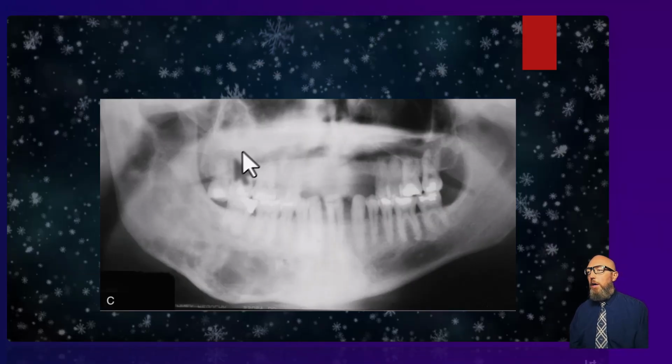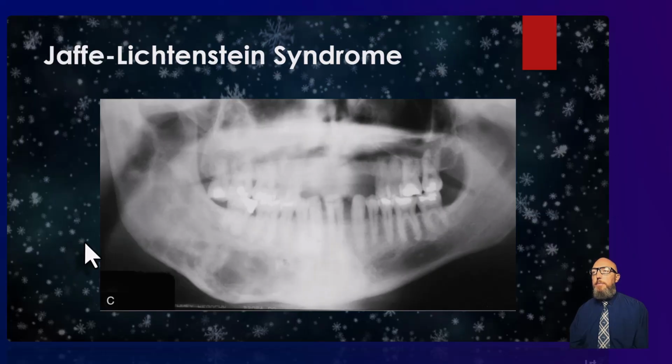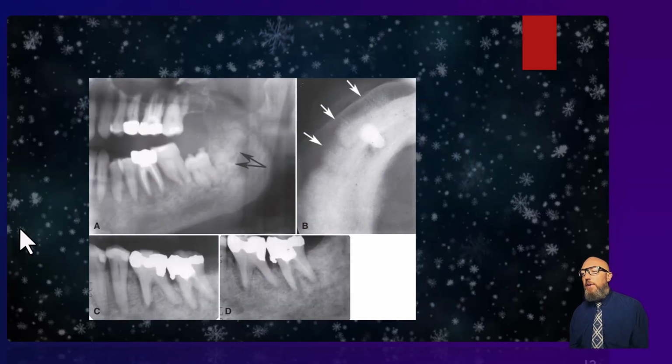And maybe even a little harder to recognize in the sinus, but that same thing is going on. And so this is another polyostotic fibrous dysplasia. This was the counterpart to McCune-Albright. This is Jaffe-Lichtenstein syndrome. So both syndromes that cause polyostotic fibrous dysplasia, but one includes endocrine involvement and this one does not.